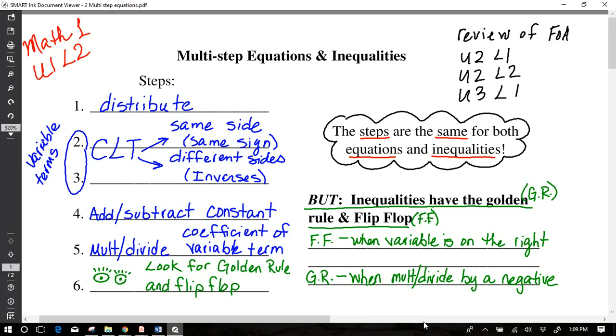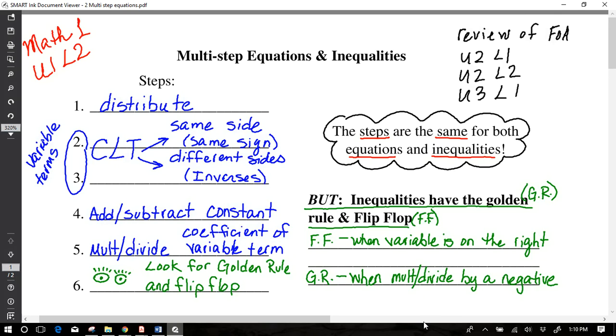Everything on this half of the paper is covered in 3 separate lessons. Unit 2, Lessons 1 and 2 is solving multi-step equations, but it's broken up into 2 lessons. And then Unit 3, Lesson 1 is all about the inequalities.